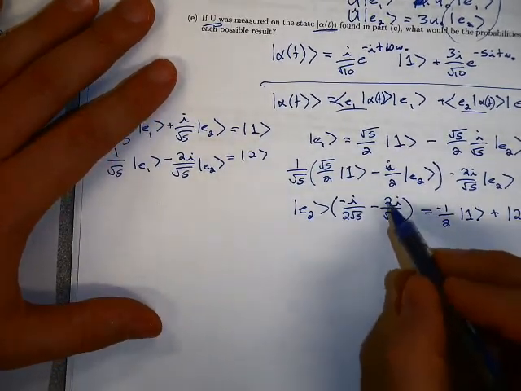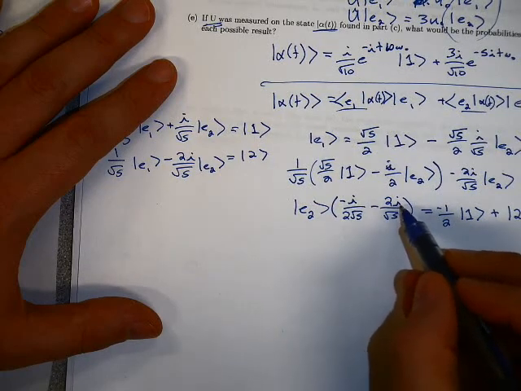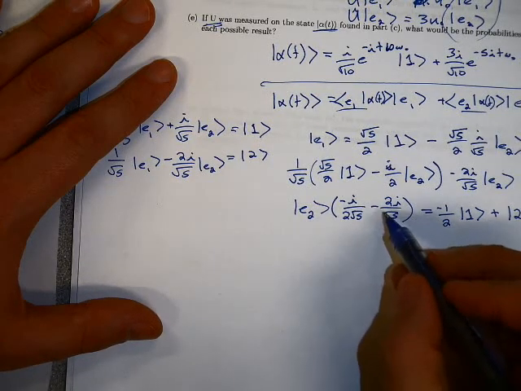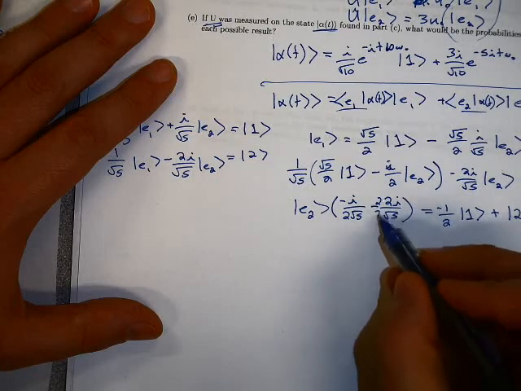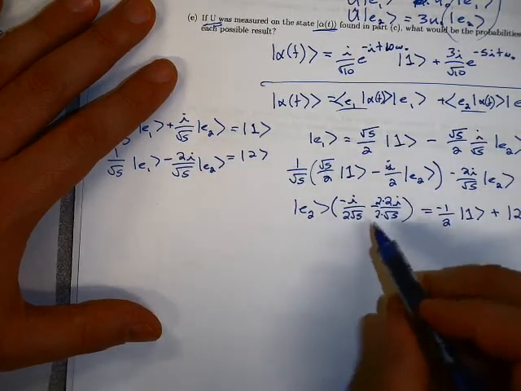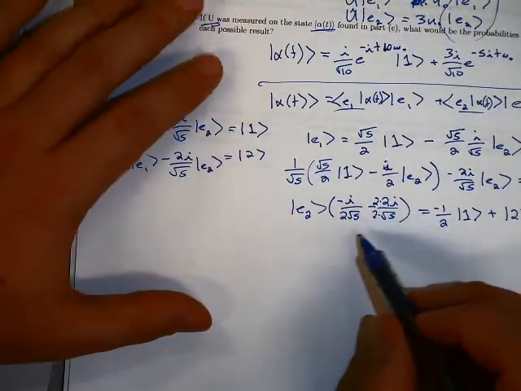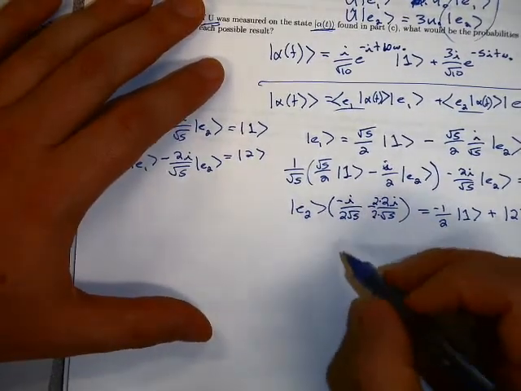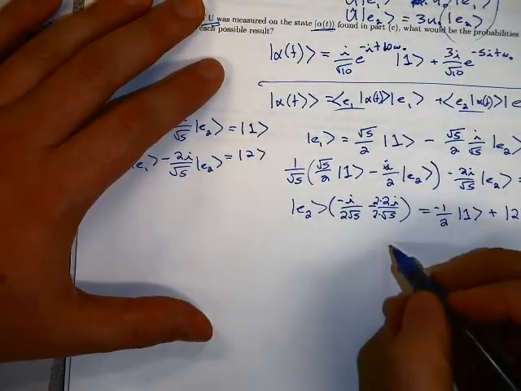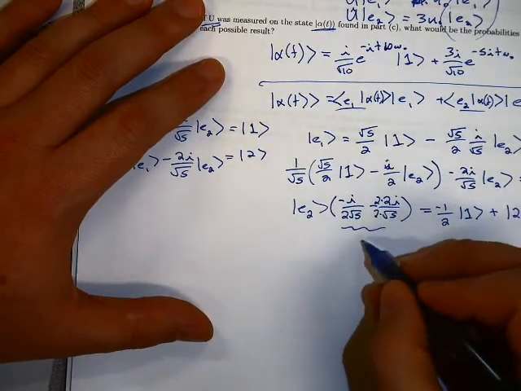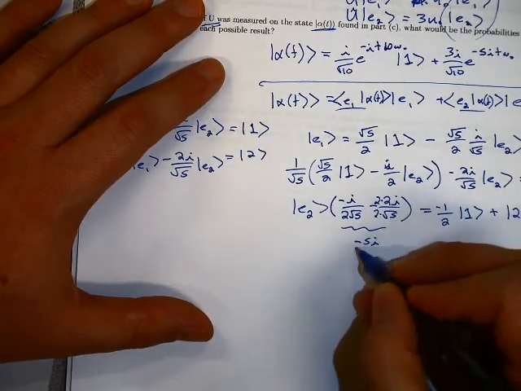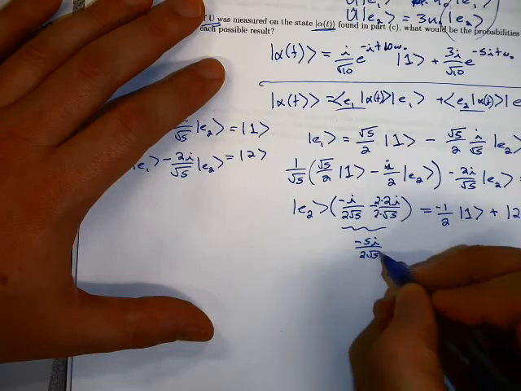It looks like this is 4i over root 5 over 2 root 5, and subtracting 4 gives a total of minus 5i over 2 root 5.